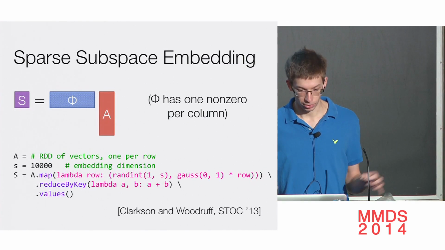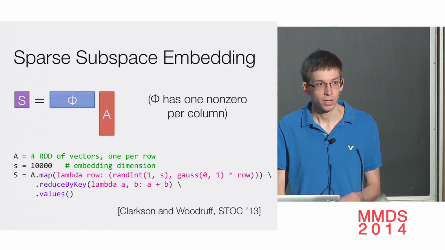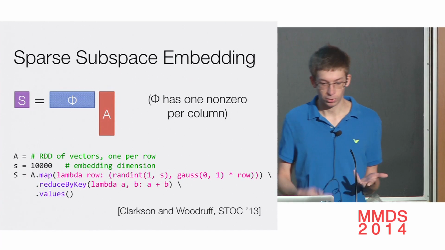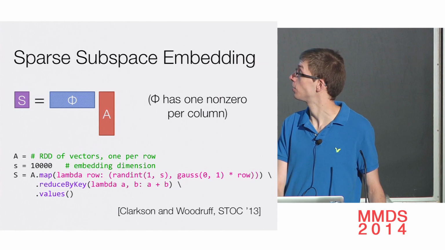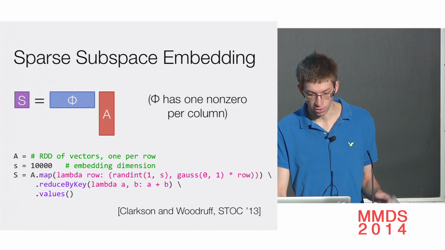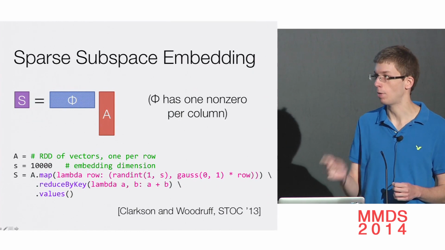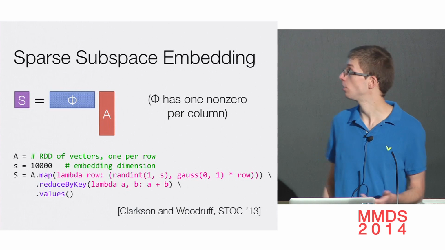It's a sketch that appeared in this paper at STOC last year, and I just wanted to show that it's really easy to write this kind of matrix multiply in Spark. Here A is an RDD, or a distributed array of vectors, so each row of our matrix is an element in this, and then we choose the dimension we want to work with.